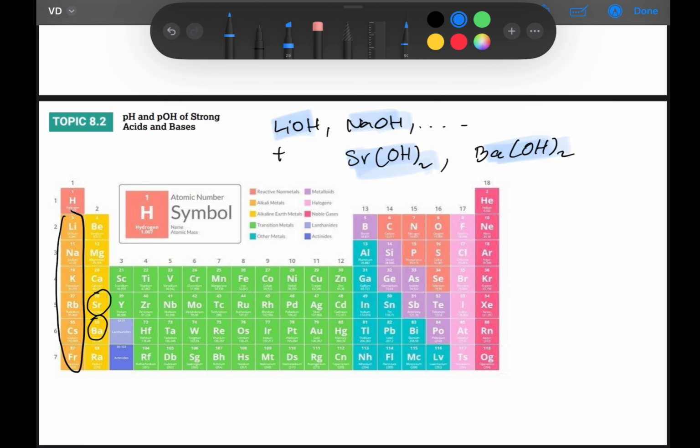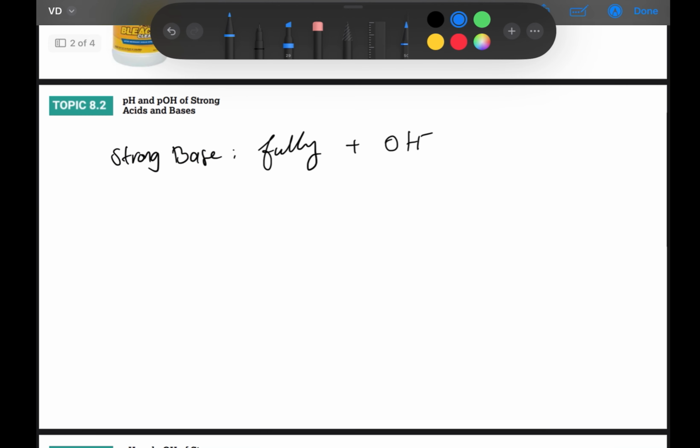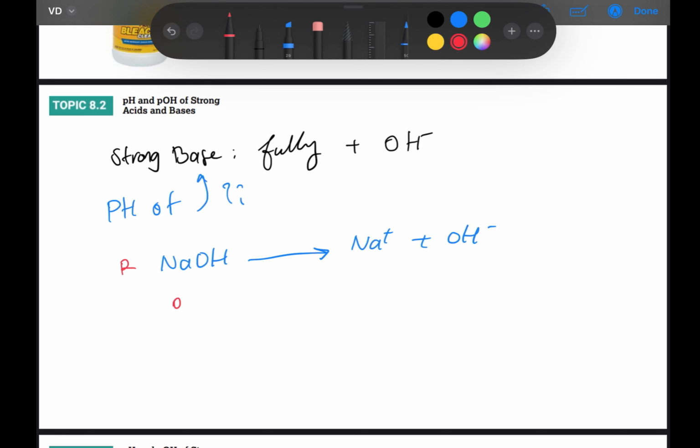Now, my question, how can I calculate the pH of a strong base? How can I do it? Let's take an example. If we have, let's say, NaOH, the most famous base, if you just put it in water, it will start to dissociate to give you Na positive and OH negative. Suppose that sodium hydroxide has a concentration of 0.5 molar, and this is for the initial.